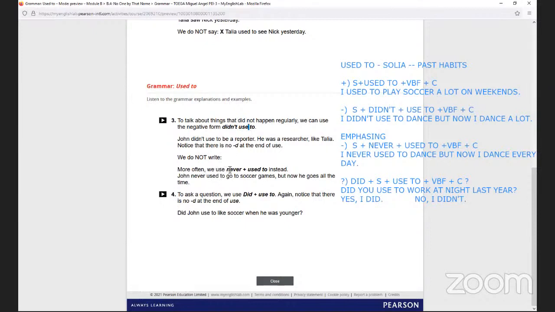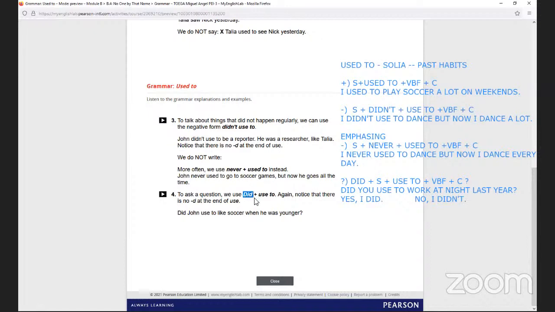And for more emphasis, we could use never with used to, okay? So, for example, here, John didn't used to be a reporter. He was a researcher like Talia. But with never, we specify the time. John never used to go to soccer games, but now he goes all the time.